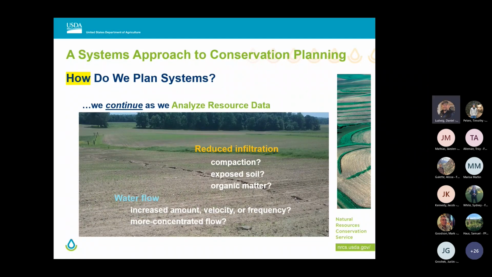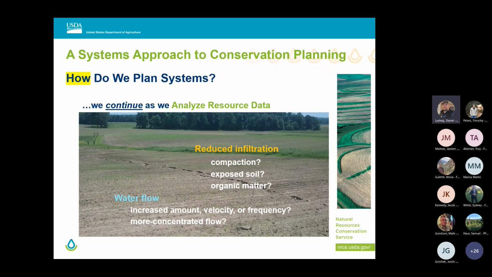So starting to, as we analyze the resource data, what's going on? Why is this gully forming? Do we have reduced infiltration? So again, compaction. Is there a plow pan? Is there something going on in this field that's not allowing the water to infiltrate, therefore it's running down the hill?